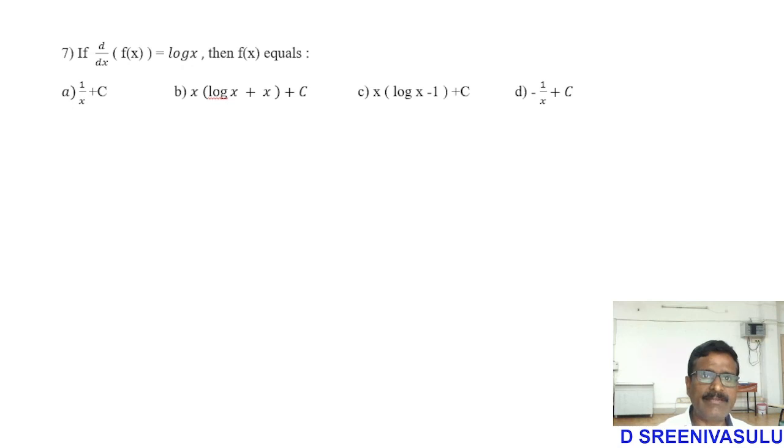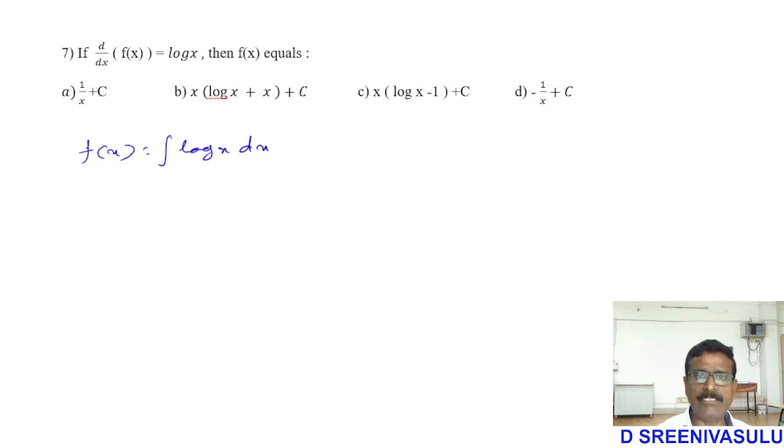Question number 7. If d by dx of f of x is log x, then f of x equal to? Differentiation of f of x is log x. F of x means antiderivative of log x. Antiderivative is nothing but integration. Therefore, f of x is equal to integral log x dx.